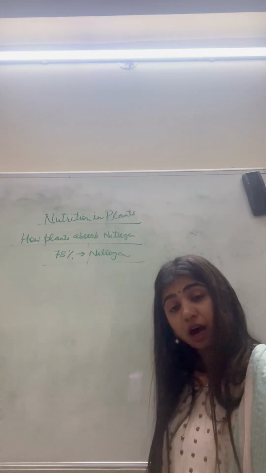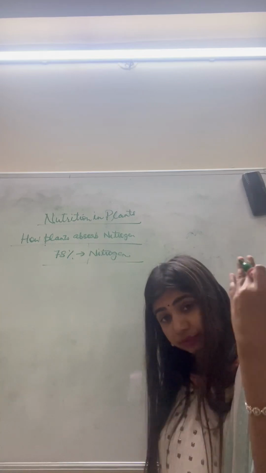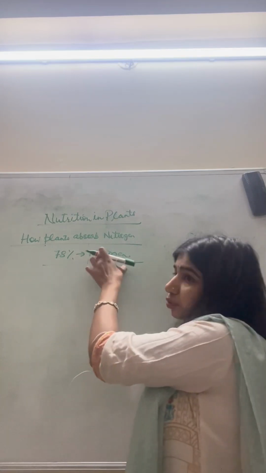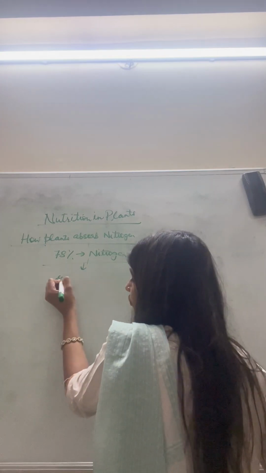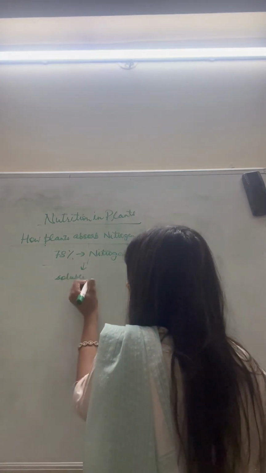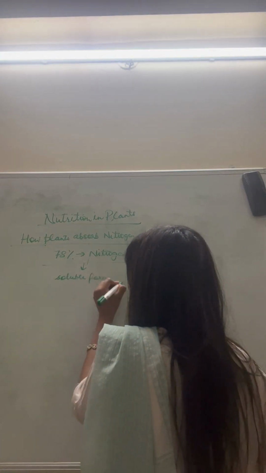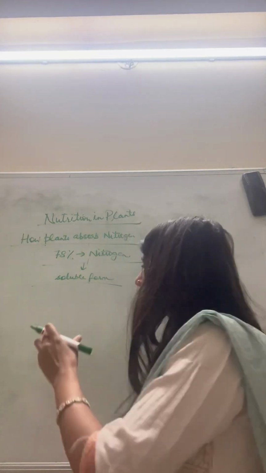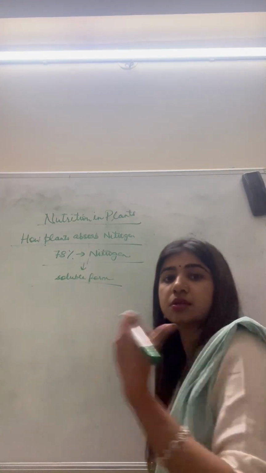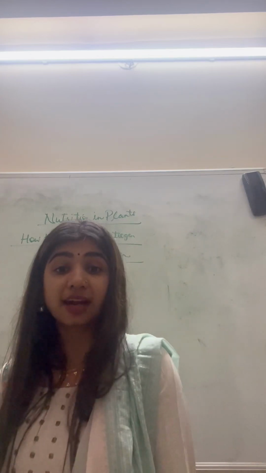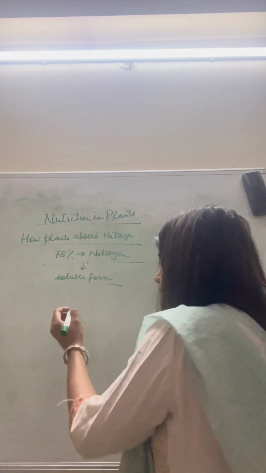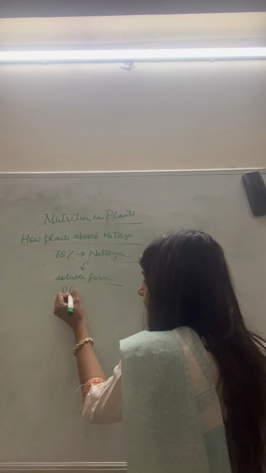So how are plants able to change this nitrogen gas? Plants need nitrogen in a soluble form. Now there is a bacteria called rhizobium bacteria.